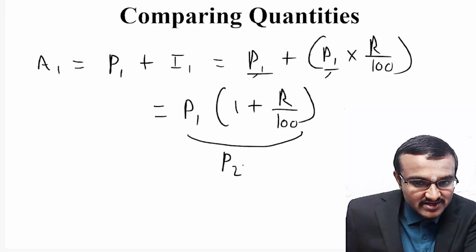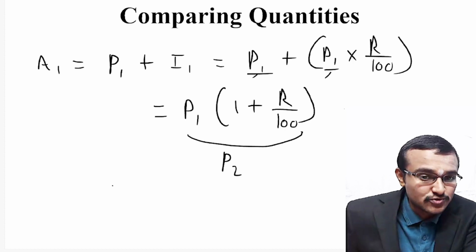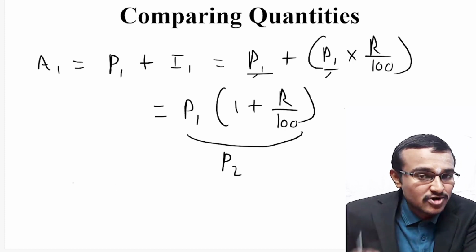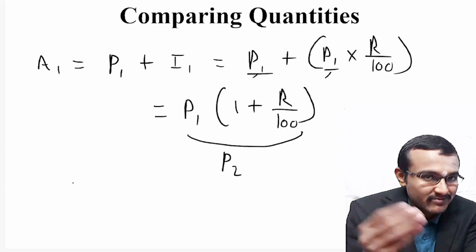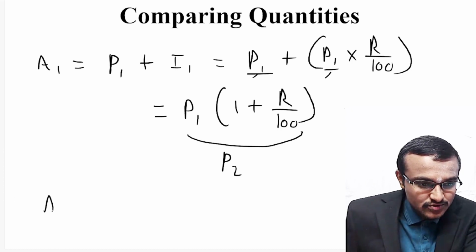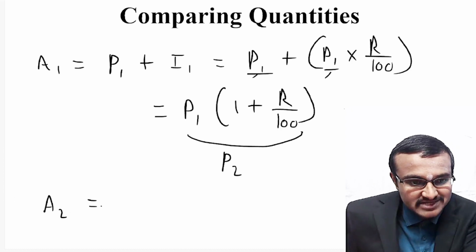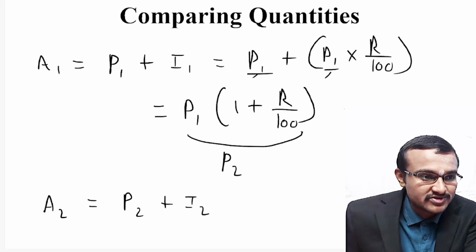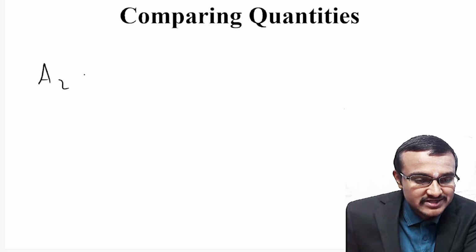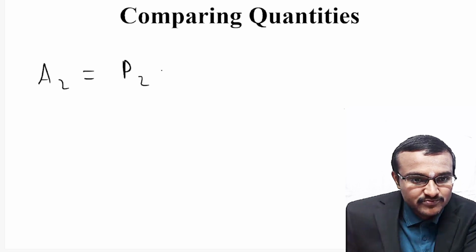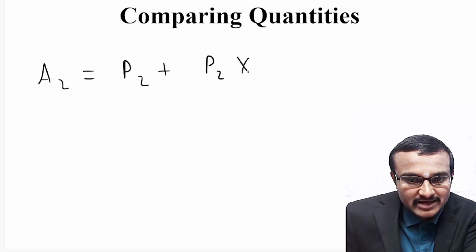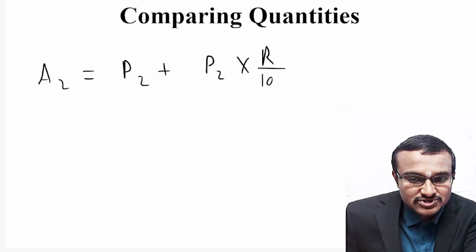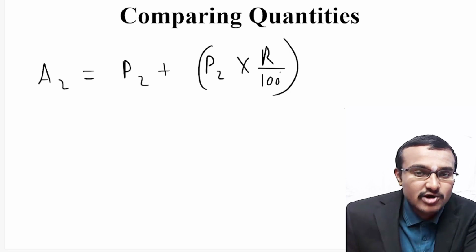So this particular amount is now P2, and the interest on this particular P2 will be I2. The amount which you get at the end of second year will be P2 plus I2. That means A2 is equal to P2 plus P2 into R by 100, because I2 is the interest on P2.